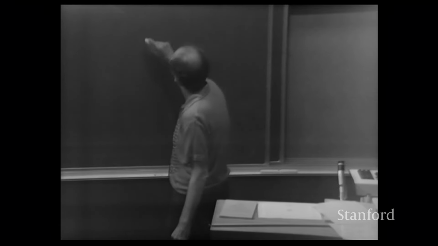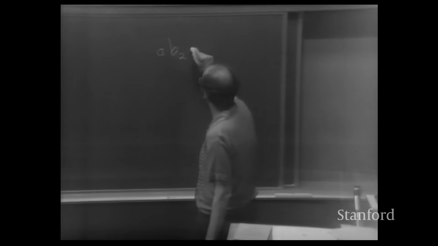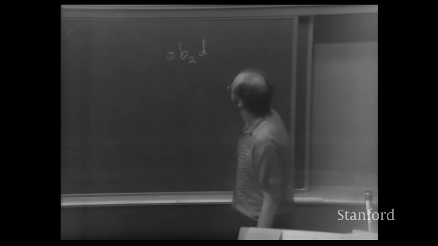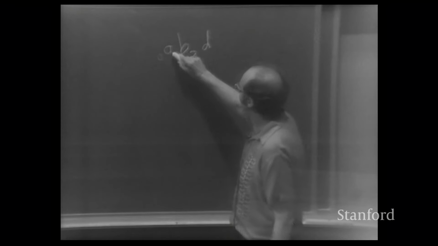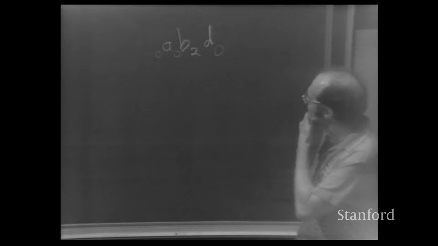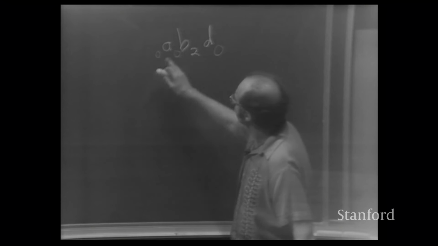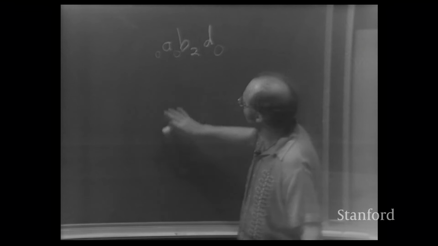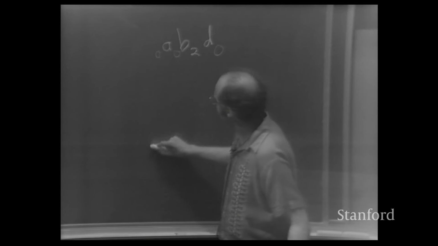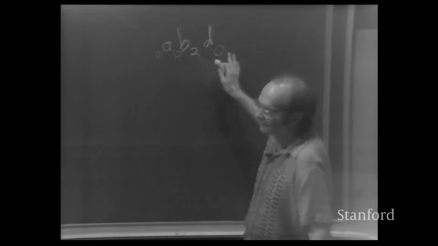If I have a pattern that's, for example, A, B, 2, D, and I put zeros in between when there is no positive number, this would mean that if I'm trying to hyphenate a word that contains the subsequence A, B, D, then I would try to insert a 0 before the A, a 0 between A and B, a 2 between B and D, and so on.